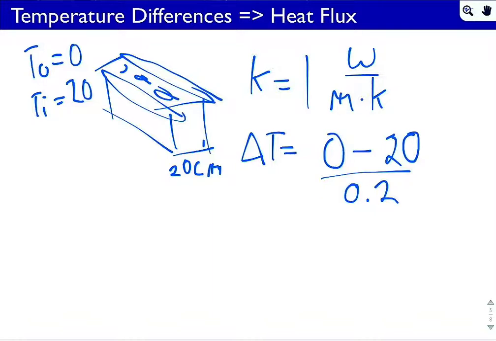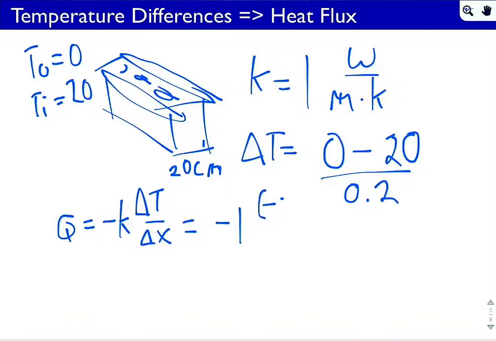So if we do Q equals minus K delta T over delta X, this is going to be equal to minus 1 times negative 20 divided by 0.2. This is equal to 100 watts per meter squared.